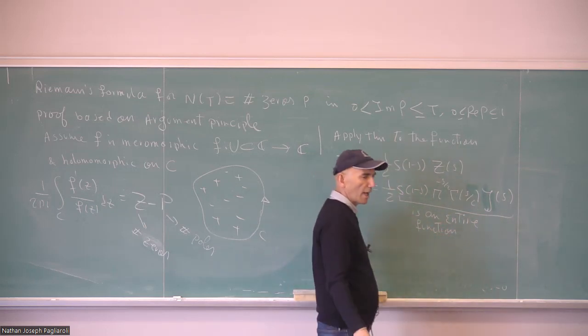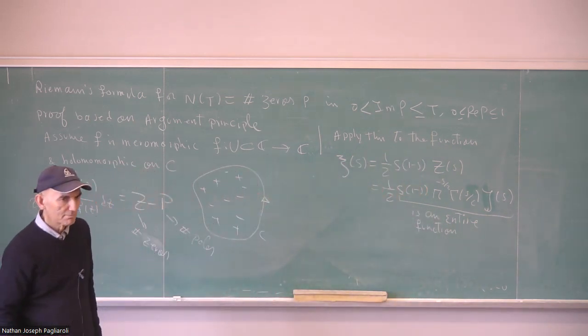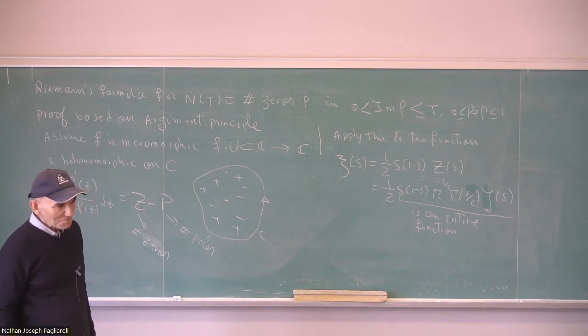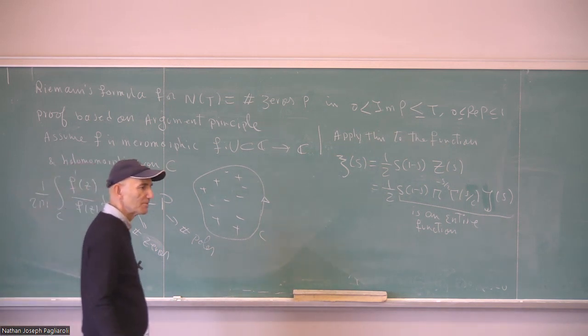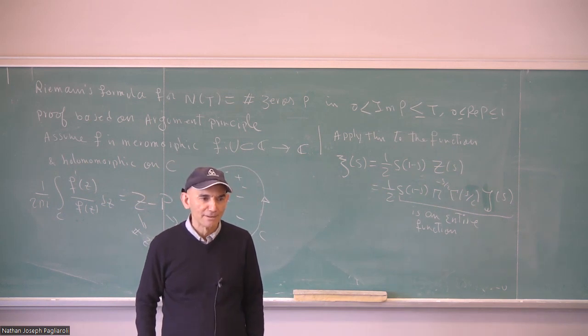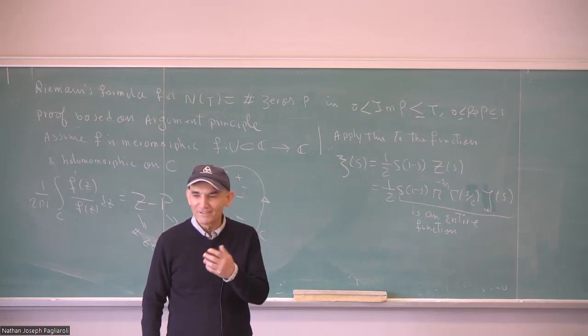Why did I multiply by 1/2? I give $5 to the person who can tell me why I multiply by 1/2. I give $10. $20. $50.